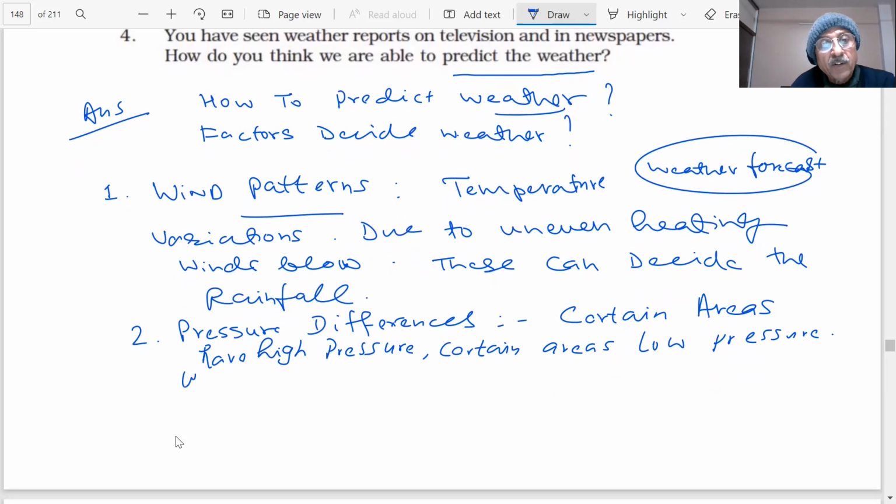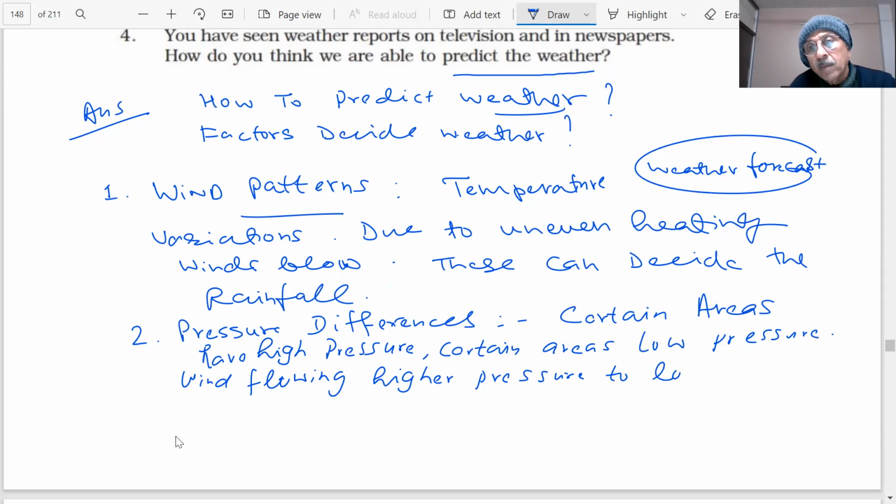You have seen winds flowing from higher pressure to lower pressure, and they can then decide the weather or any other factor.